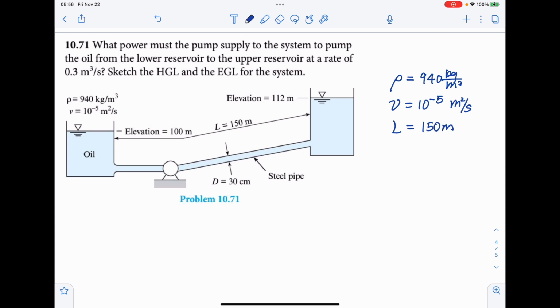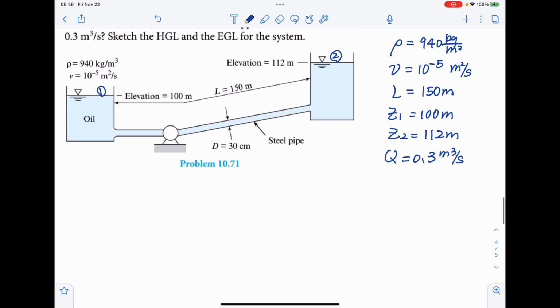And if we say this is 0.1 and this is 0.2, the elevation Z1 is 100 meters, Z2 is 112 meters, the Q is 0.3 cubic meter per second, and it's a steel pipe.